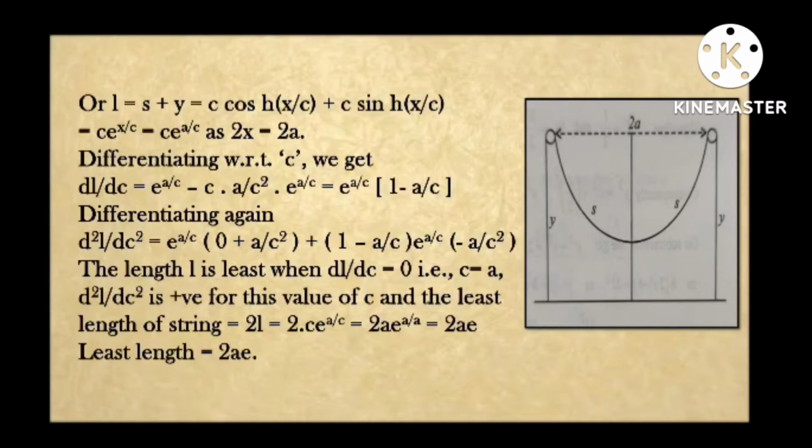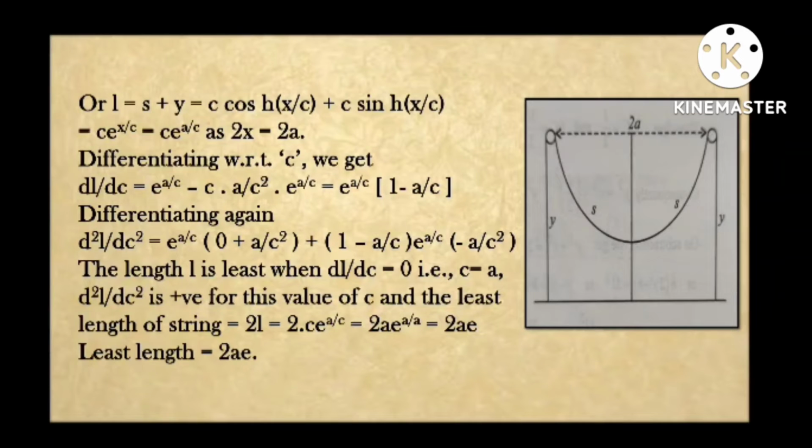Now differentiating again, we get d2L by dc square is equal to e to the power a by c into 0 plus a upon c square plus 1 minus a by c into e to the power a by c into minus a by c square. The length L is least when dL by dc equals 0, that is c is equal to a.